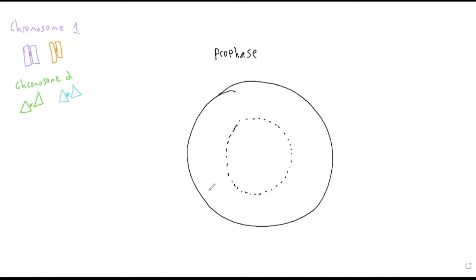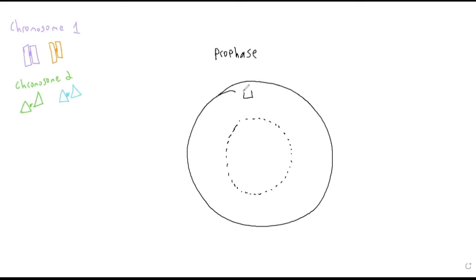Whenever you see a cell underneath a microscope, the nucleus normally looks like a dark purple spot. You can't see anything inside it. But in prophase, which is the first stage of mitosis, the nucleus begins to break down and the chromosomes become visible. I'm not really writing this out because I actually wrote it on the outline.